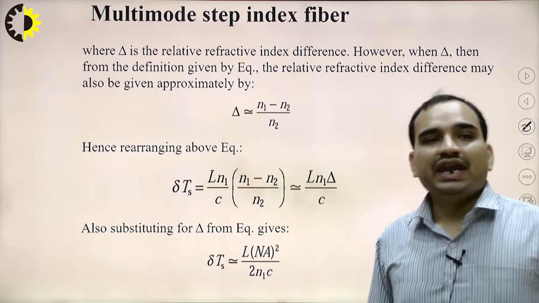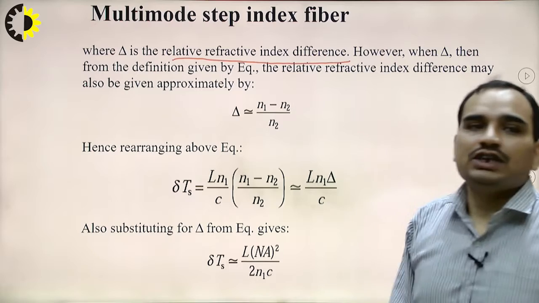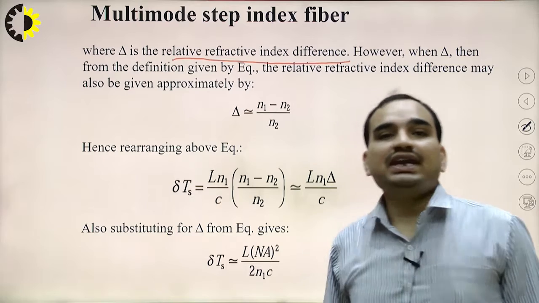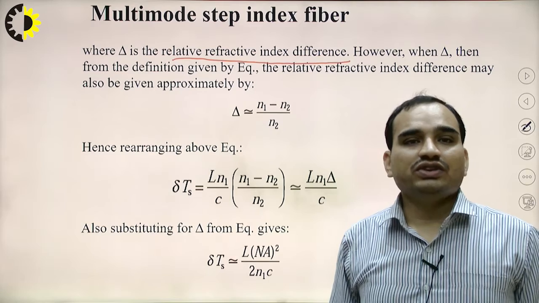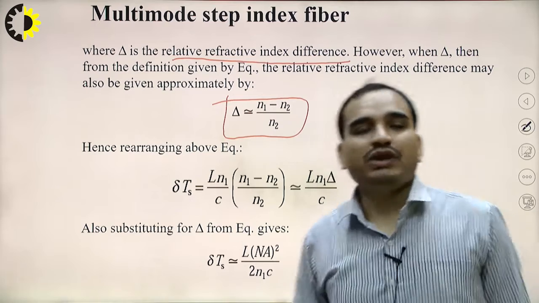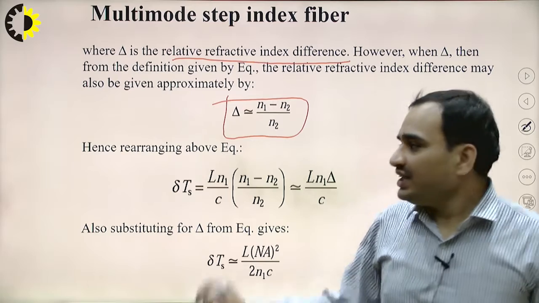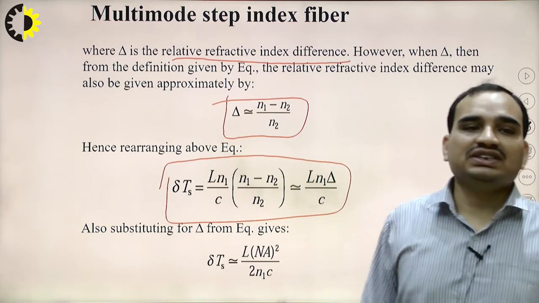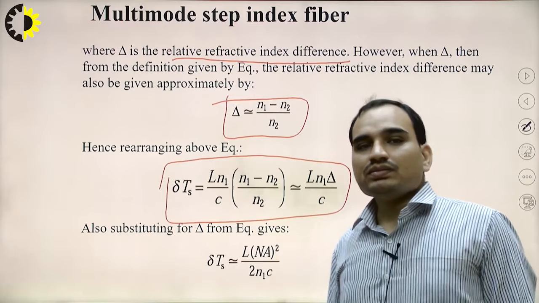We have delta, the relative refractive index difference, equal to n1 squared minus n2 squared by 2 n1 squared. However, when delta is small, the definition by equation may be approximated as n1 minus n2 by n1. Rearranging the equations, we get the delay delta Ts equal to L n1 by c times n1 minus n2 by n2, which is L n1 delta by c.